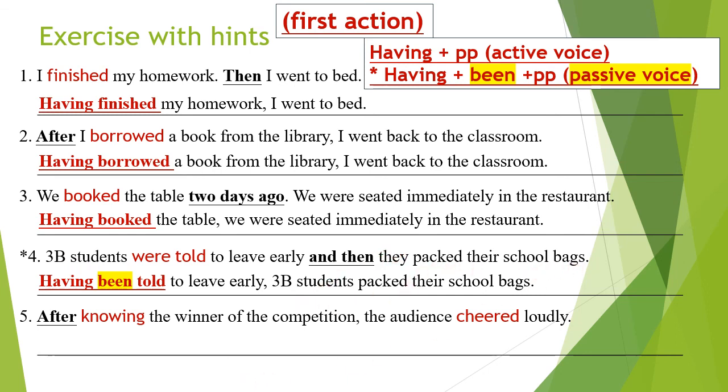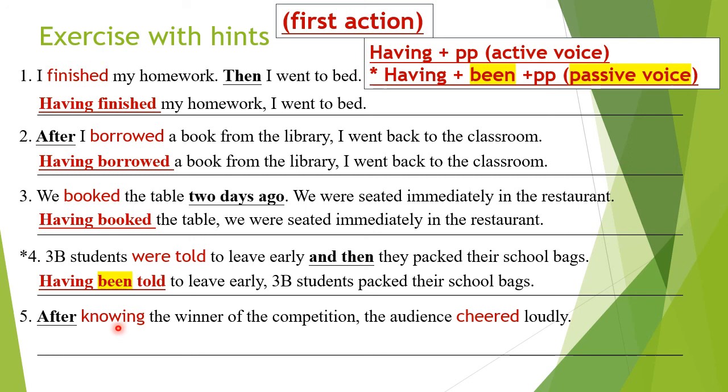Number five, after knowing the winner of the competition, the audience cheered loudly. Which one is the first action? You know the winner of the competition first, and then the audience cheered loudly. So active voice or passive voice? After knowing the winner, so you know this is the verb.